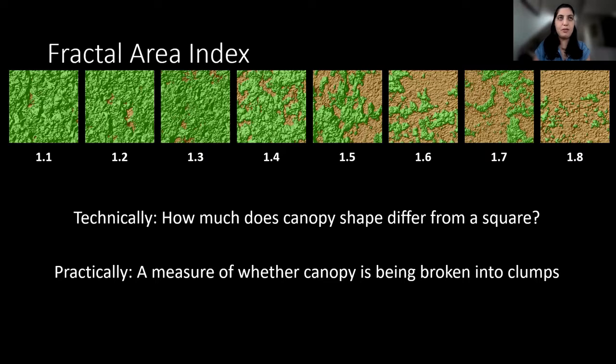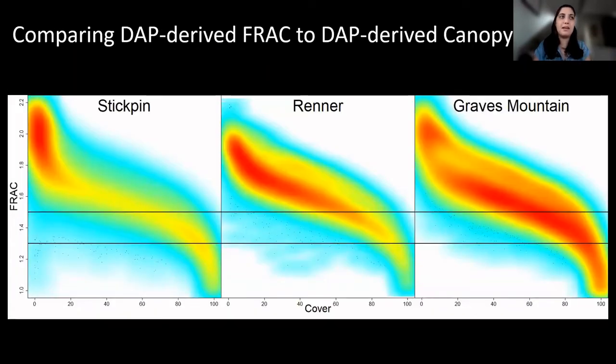And so that's just one of the metrics that we decided to use, and the other one being canopy cover. So here is a nice graph where I'm looking at DAP-derived canopy cover versus DAP-derived frac for each of the fires. And all 3 of them have this nice little sigmoidal relationship, albeit with varying levels of data variability in the width of these.